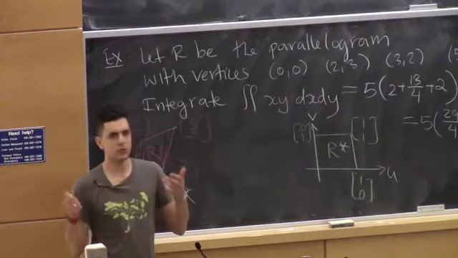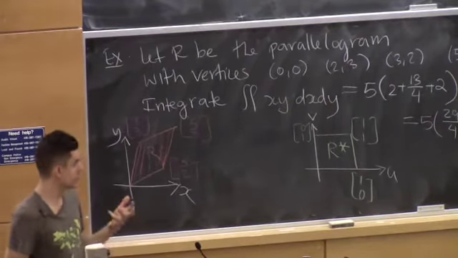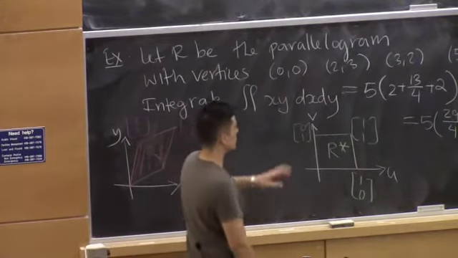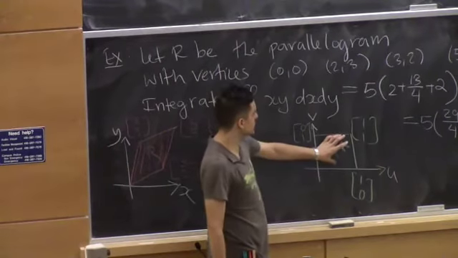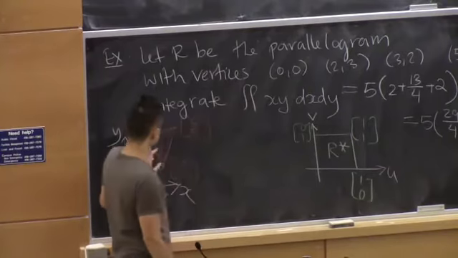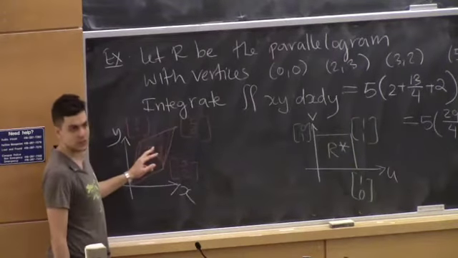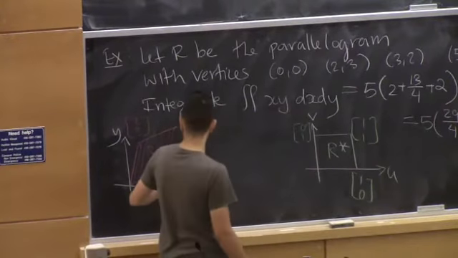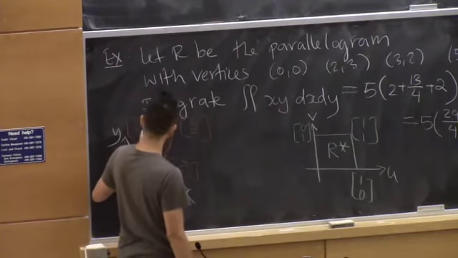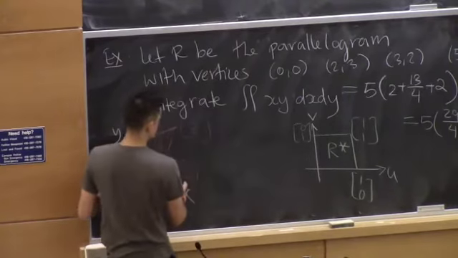Right, so we want to go to a simpler region, right? We want to work on a simpler region, so we might as well work with the unit square. And we've seen that we can make the unit square into any parallelogram we want, right? We send this guy to one of the vectors, this guy to another vector.